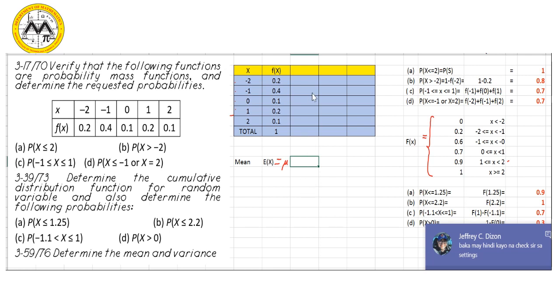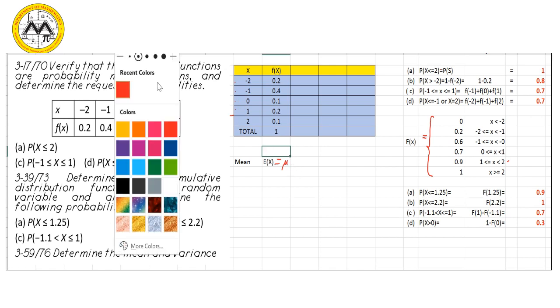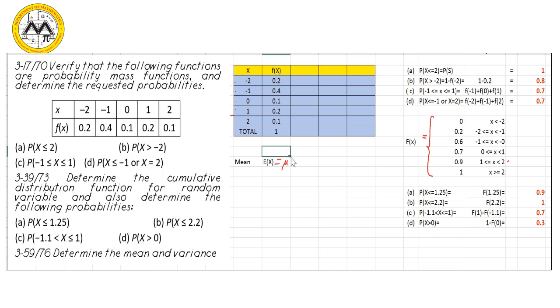So this is also equal to the summation of x f of x.